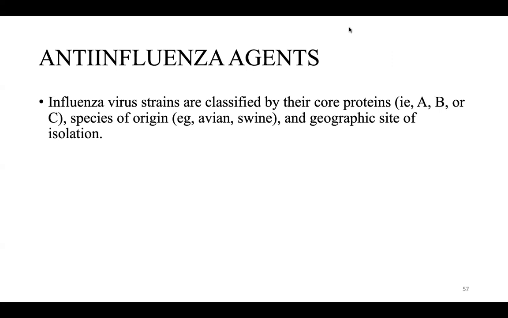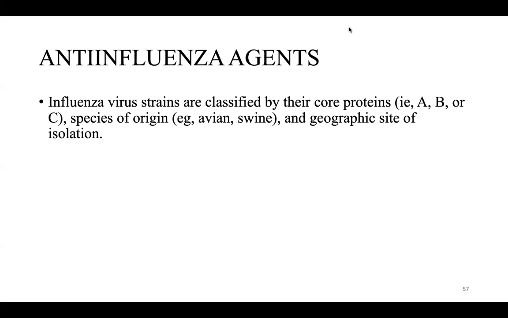Next group of drugs, anti-influenza agents. Influenza virus strains are classified by their core proteins, for example, A, B, or C, species of origin, for example, avian, swine, and geographic site of isolation.